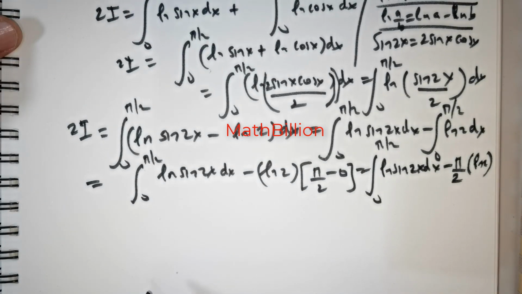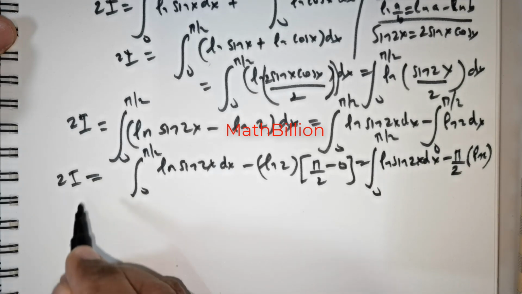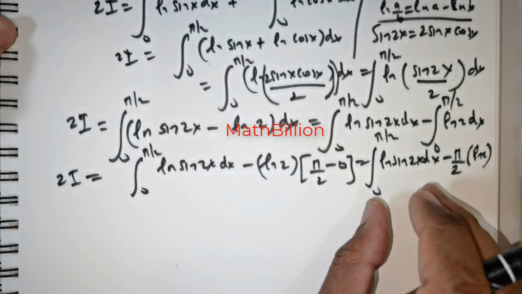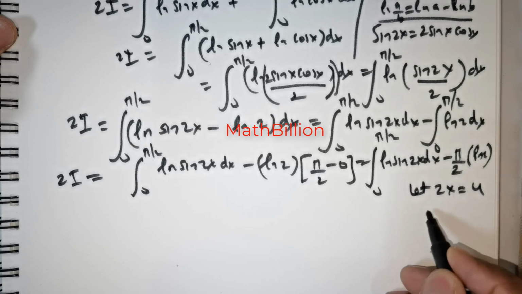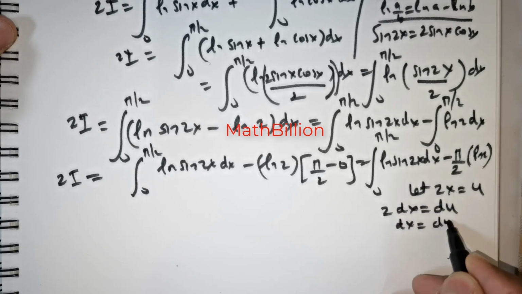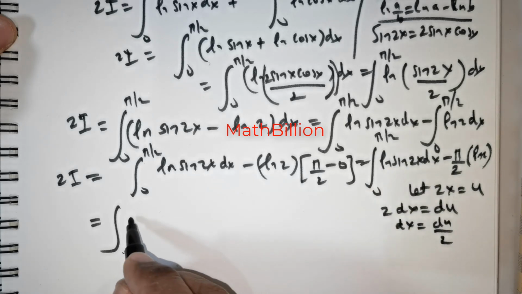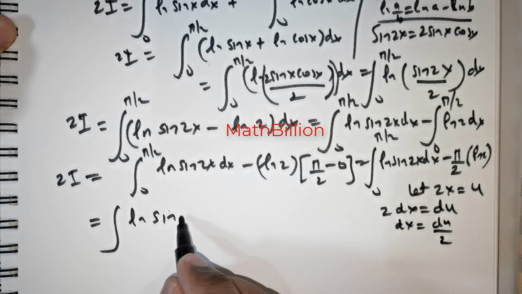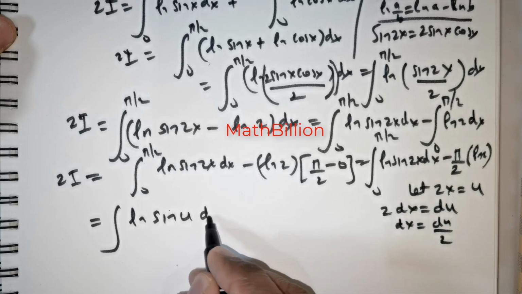Okay, so now the question is, how are we going to integrate this? On the left I have 2 times I. I would like to take 2x equal to some u, and 2 times dx equal to du. So dx is equal to du divided by 2. So this is equal to integral of ln of sin u, with dx as du over 2.